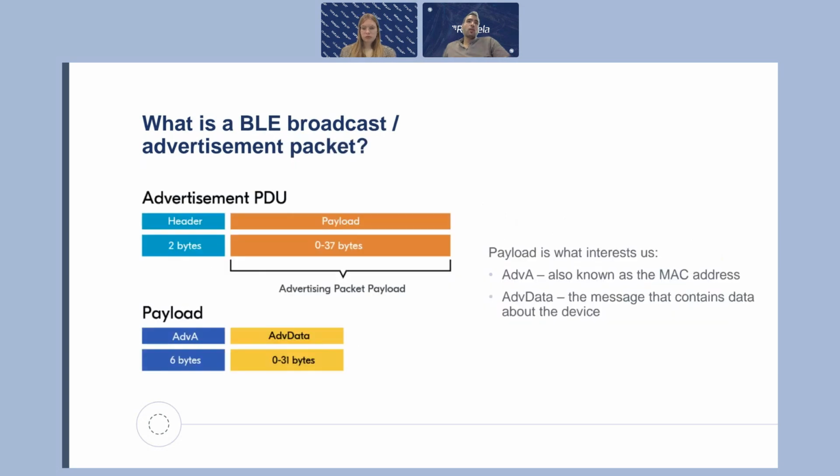So what is a BLE advertisement packet? Now let's look deeper into the structure of a BLE advertisement packet. The most important part for us is the payload. One important field is called the ADVA, which represents the device MAC address. So ADVA is the MAC address of your device or your sensor. The second most important field is ADV data, which contains the actual sensor information, the information that the sensor is broadcasting.